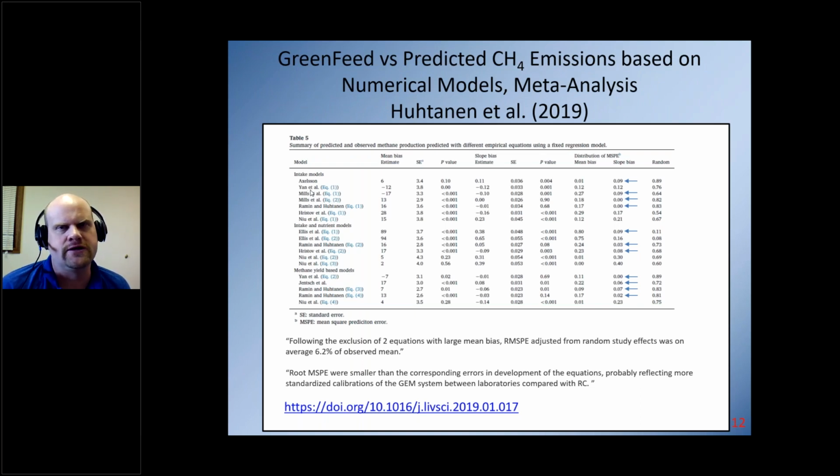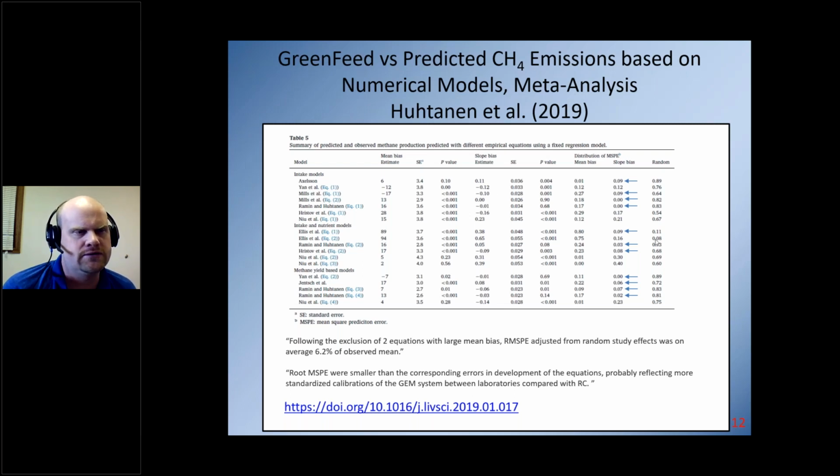models that have been developed, and some of them are empirical models based on results from chambers. So in other words, can we use these models to predict methane emissions based on various inputs such as feed intake, or feed intake and nutrient quality of the feed, or methane yield-based type models.